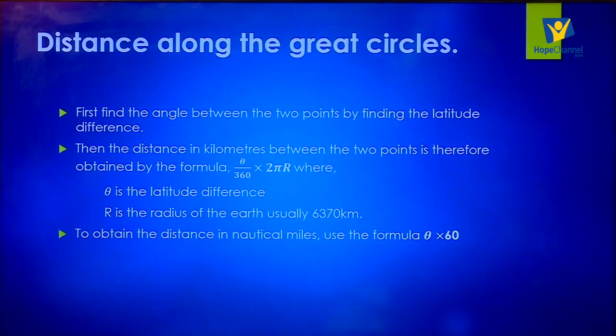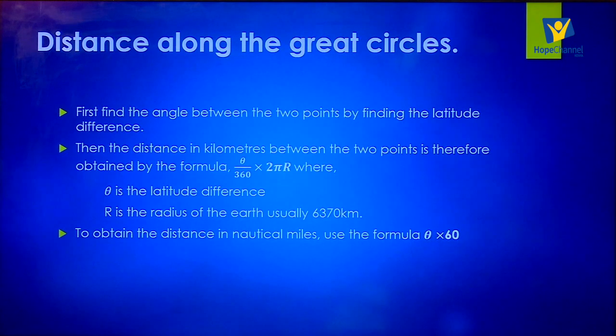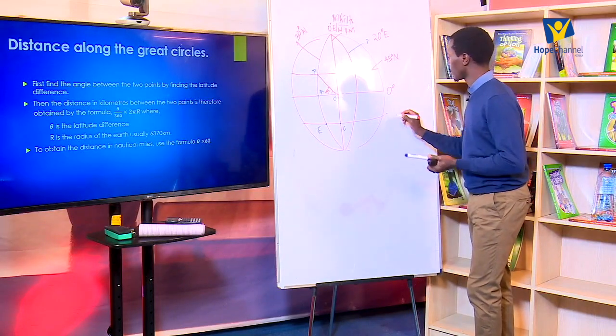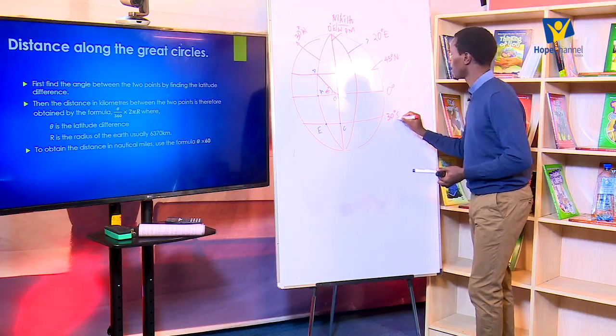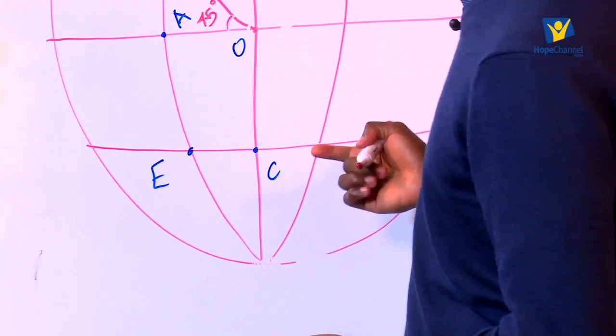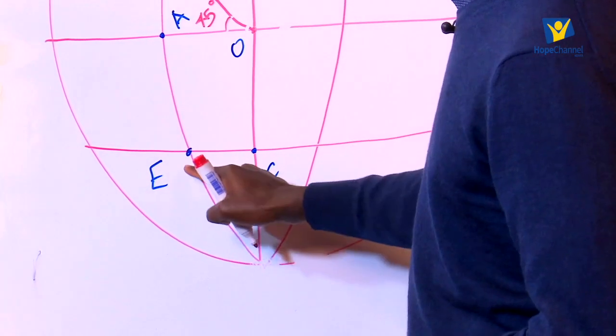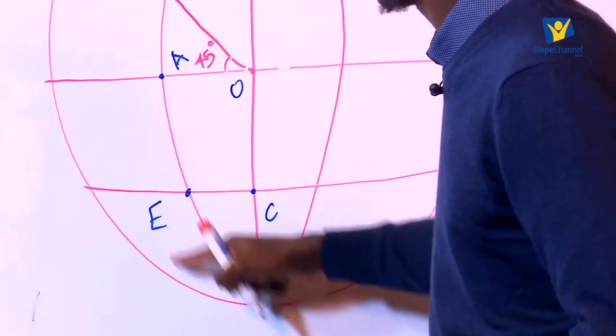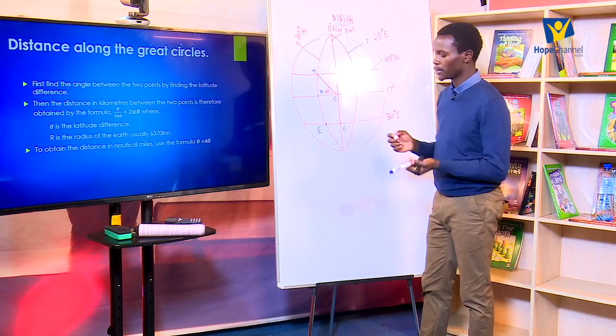Now, I'm going to take an example here before we read. Maybe we have the point D, and we have a point E here, which is 30 degrees south. This is 45 degrees north, and this is 30 degrees south. They are on the same longitude, 30 degrees west.